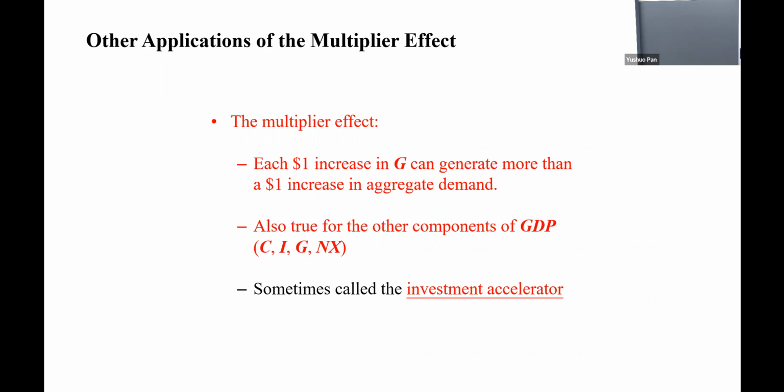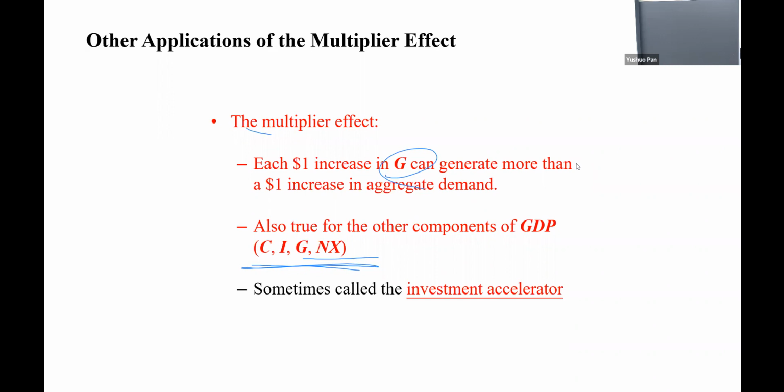So that's the multiplier effect, but that's also true for other components. In the example, we learned what will happen if the government purchases increase by $2 billion. But except G, there are also other components: C, I, G, and X. An increase in any of these four will increase the aggregate demand curve as well.